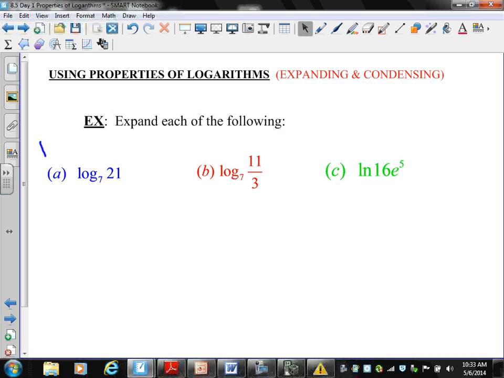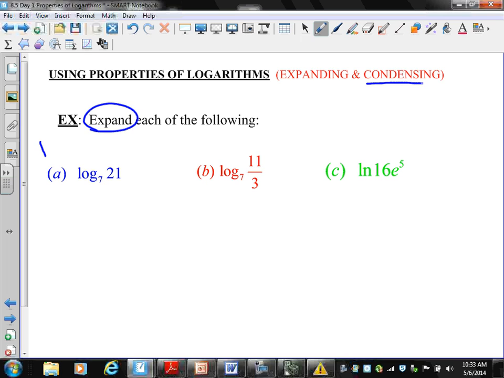So that's the verb that's going to get used, the idea of expand, as opposed to, if you look up here on the right, condensing. So in the first couple examples, I'm going to stretch these out, so I'm going to get multiple logarithms. And then in the condensing, I'm going to start with a couple logarithms and condense them down into just one logarithm.